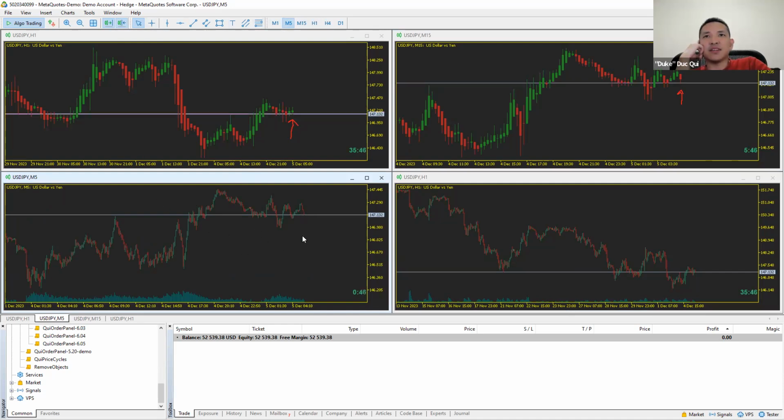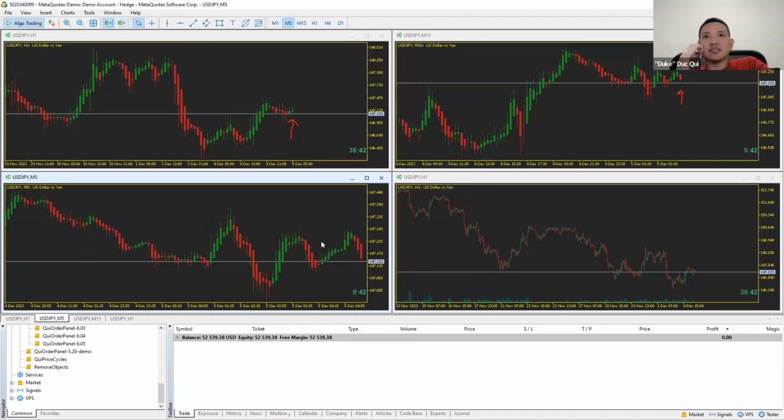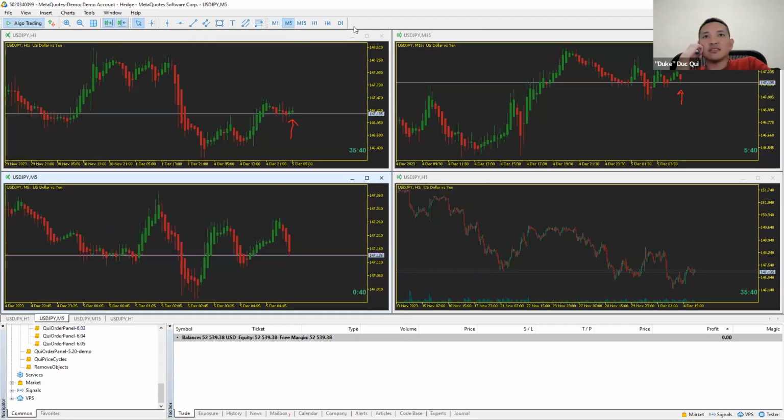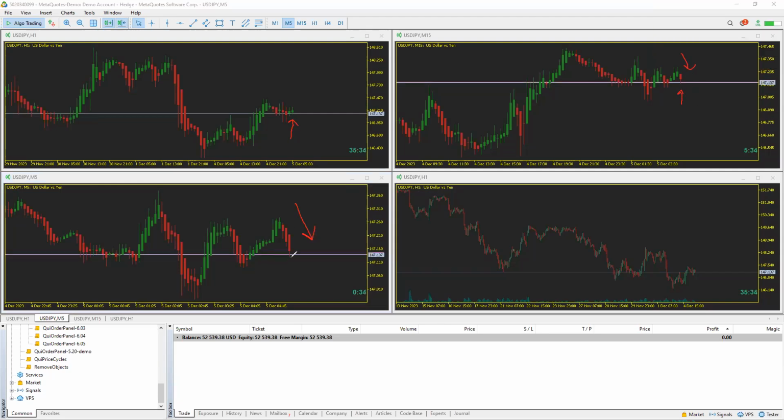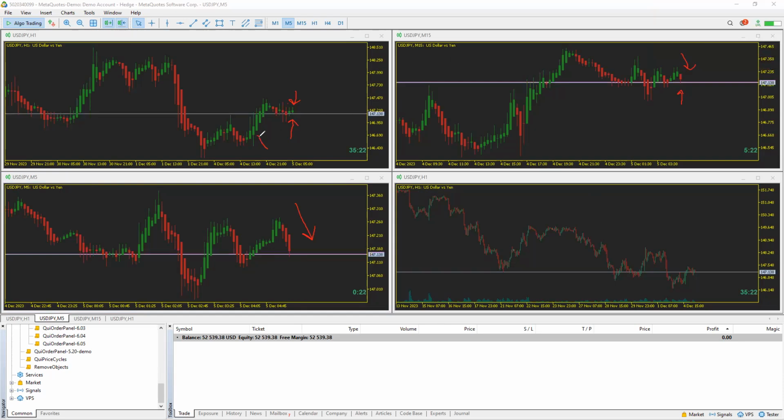So it's basically range. But if I template this as Heikin-Ashi, what is it? Well, of course it's down. 15 matches, right? So the point is beware because the hour is weak. The hour right here is up, but it's weak. It's not a strong up like this.